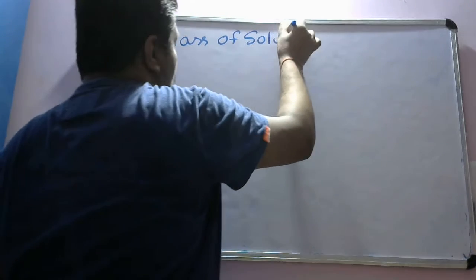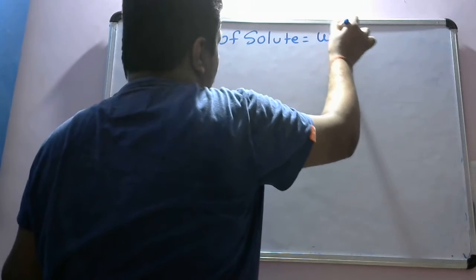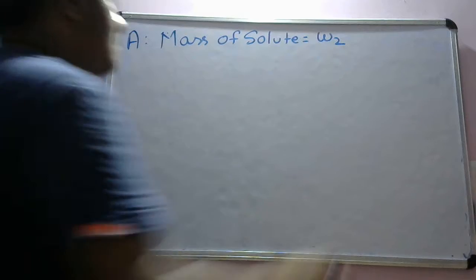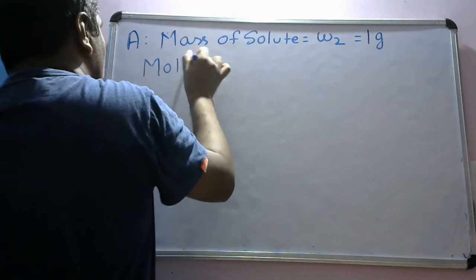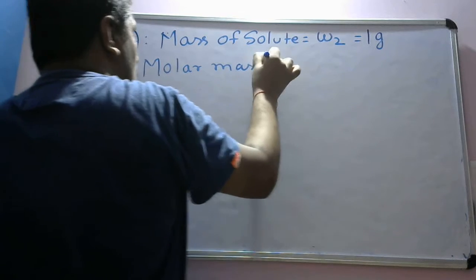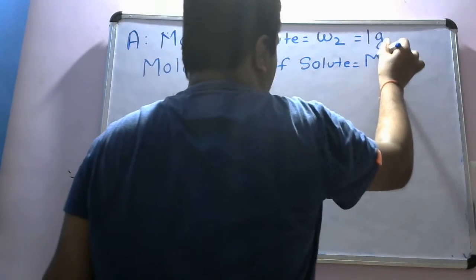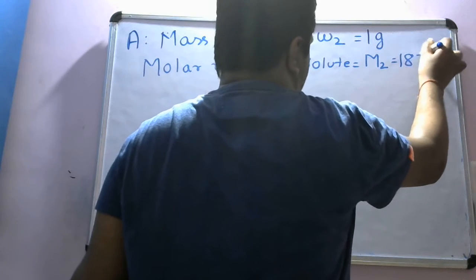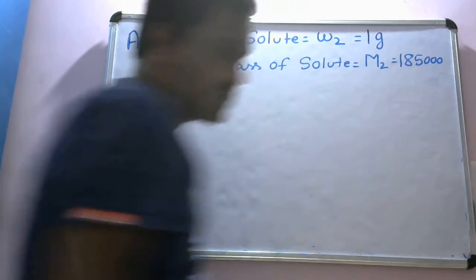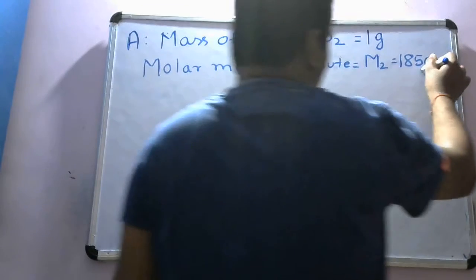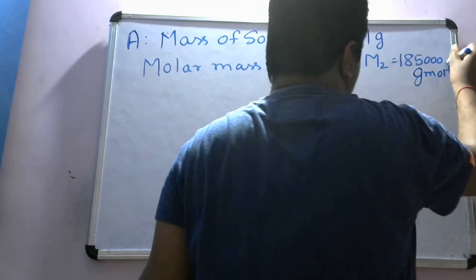Mass of solute, let us give the symbol W2, is given to be 1 gram. Molar mass of solute, that is capital M2, is 185,000. Obviously the unit will be grams per mole.